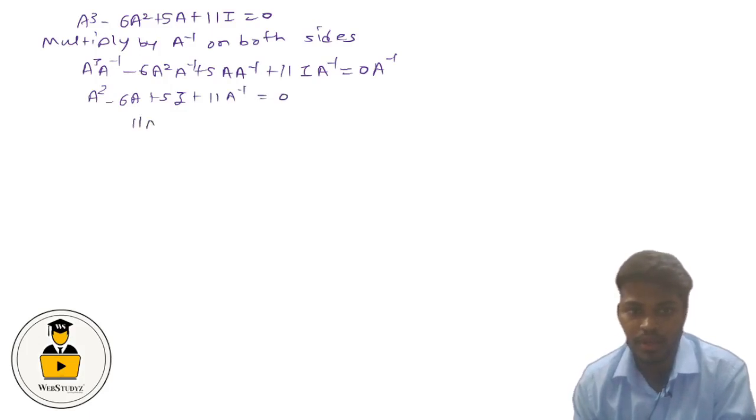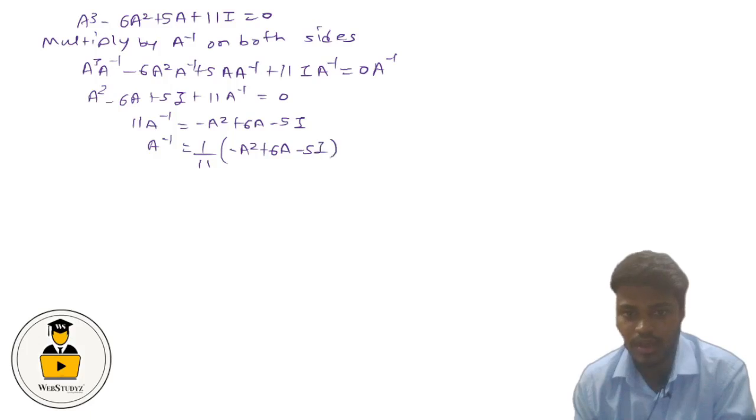So therefore we get 11 A inverse equals minus of A square plus 6A minus of 5I, or we can say that A inverse will be equal to 1 upon 11 times minus of A square plus 6A minus of 5I.